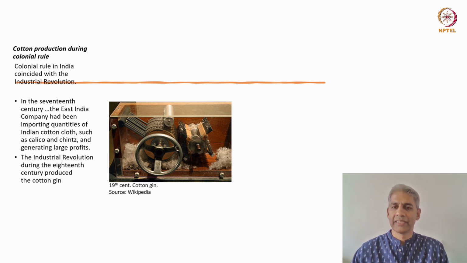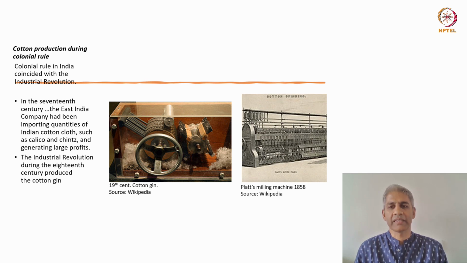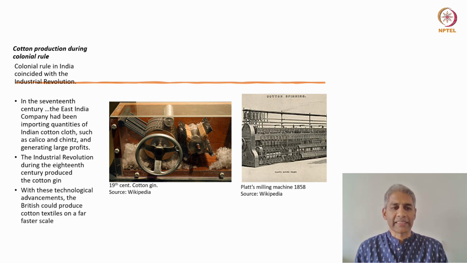And the Industrial Revolution also led to the invention of different other kinds of machines which were used in the spinning and weaving of cloth. So here is an image of a milling machine in the mid 19th century. So all these different developments meant that the British could start producing cotton textiles on a much faster scale than had been done before.